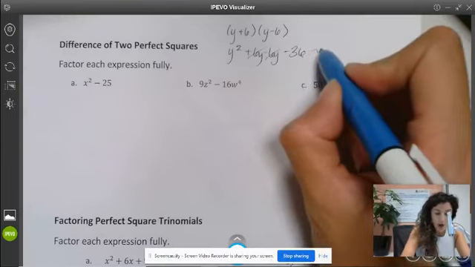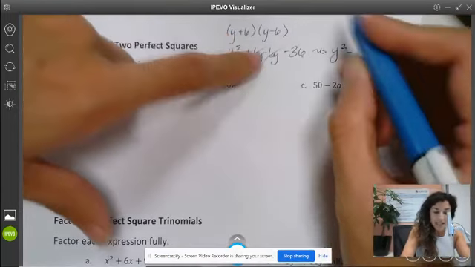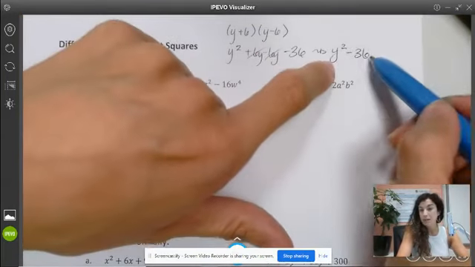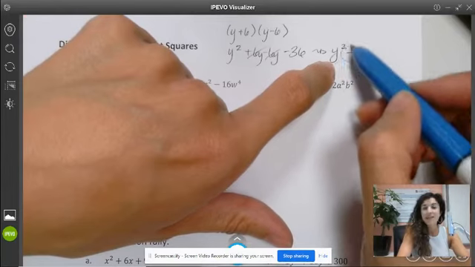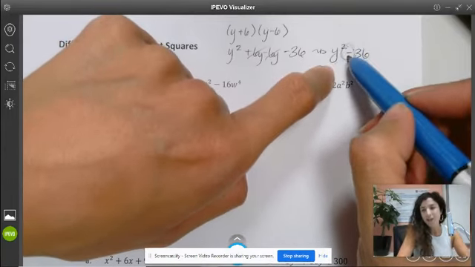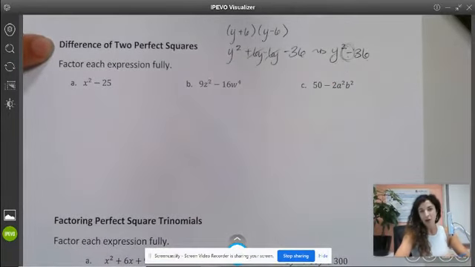Those middle terms went away, and all we were left with was the square of the first term minus the square of the second term. So it's two perfect squares separated by a subtraction, which means it is a difference of two perfect squares. That is what it is called.